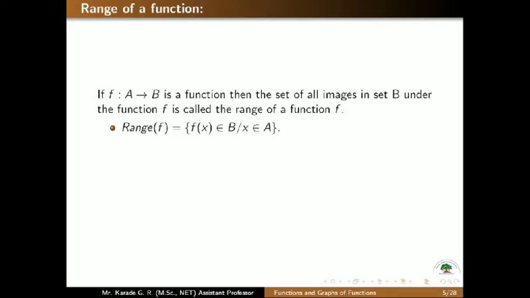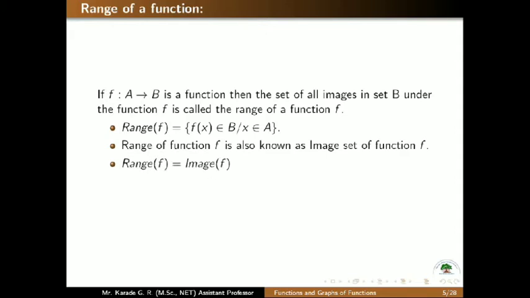Range of function f is nothing but the set of all images in set B, or we can say it is the set of all f(x) belonging to B such that x belongs to A. Range of function f is also known as the image set of function f. Range of f is equal to image of f, and the range of function f is always a subset of B.